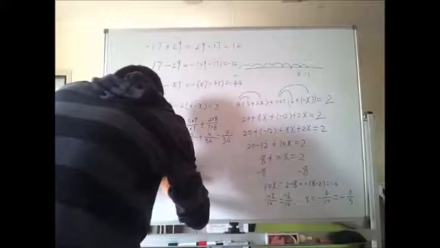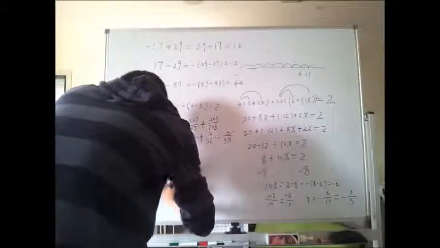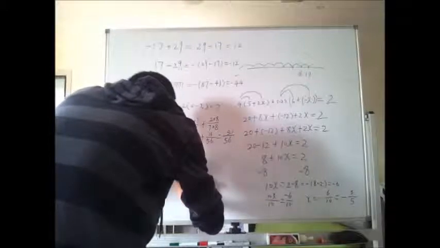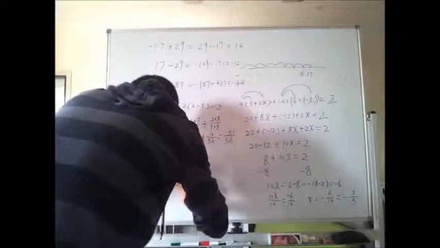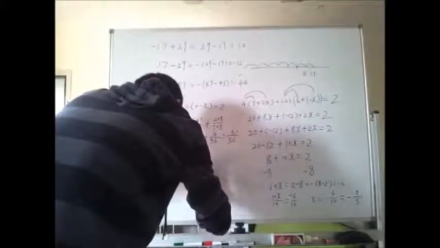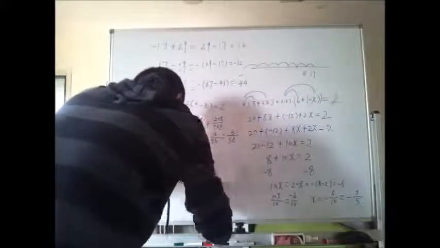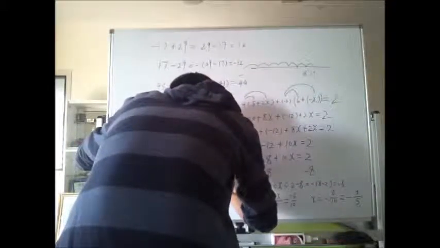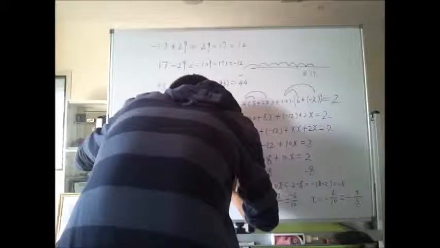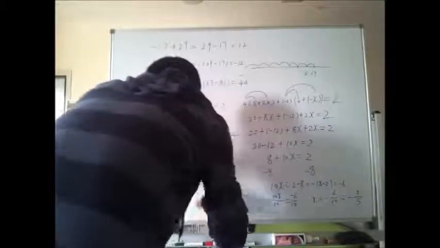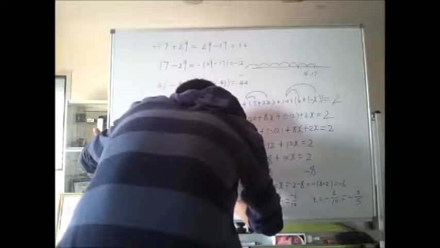So 5 over 8 can be written as 8 times 7, and for numerator as 5 times 7. So in this way, we are going to have 5 times 7 gives us 35, and 8 times 7 gives 56 again.